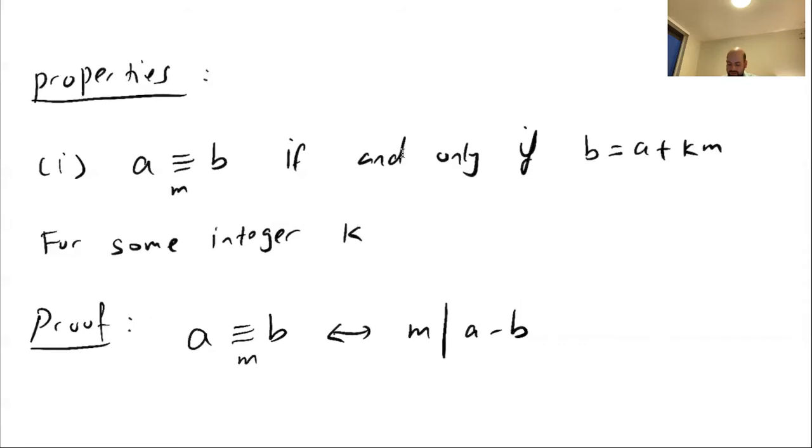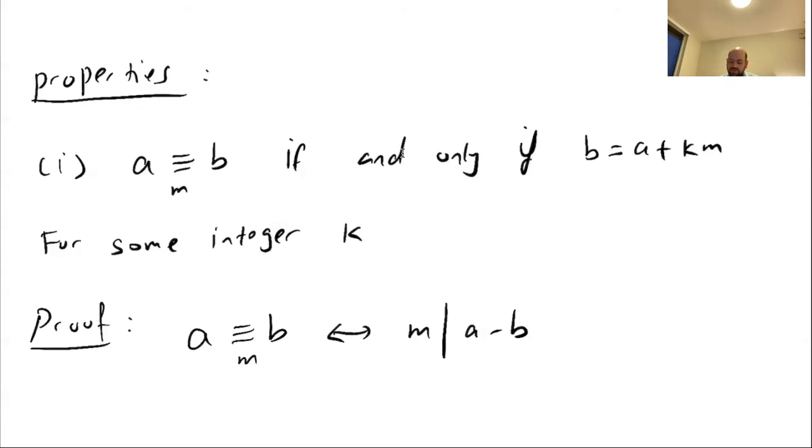And then this is same as saying that a is equal to b plus km. Well, it doesn't matter. I can say a is b plus km or b is a plus km. If I want to get b equals a plus km, I can just take km to the other side. So this is same as saying that b equals a minus km, which is what I need, right?